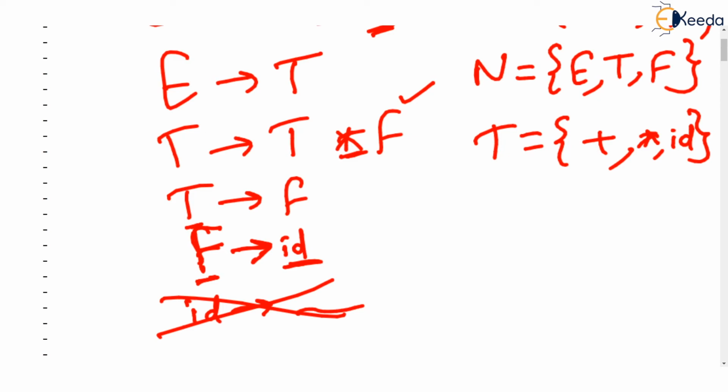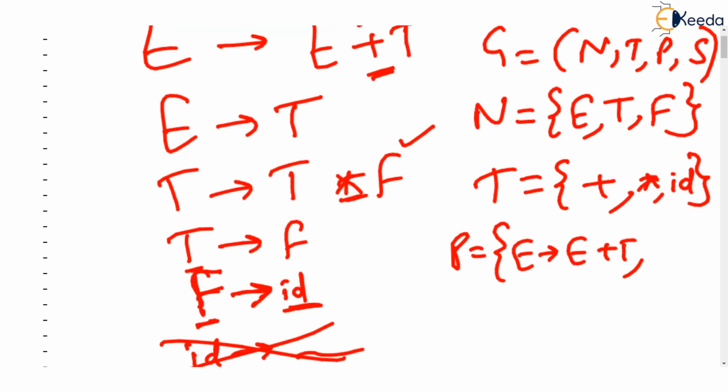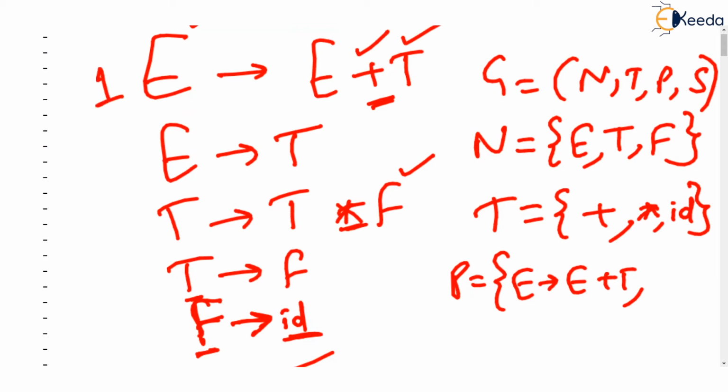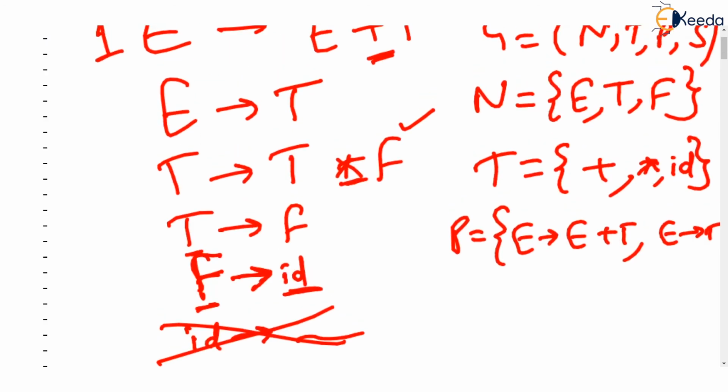Okay. Now, what about the productions? These are the productions, isn't it? E derives E plus T, first production. Then the second one is E derives T. The next production is T derives T into F, then T derives F, and F derives ID, isn't it?